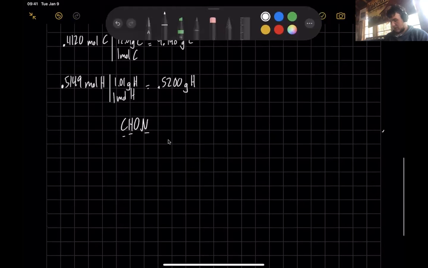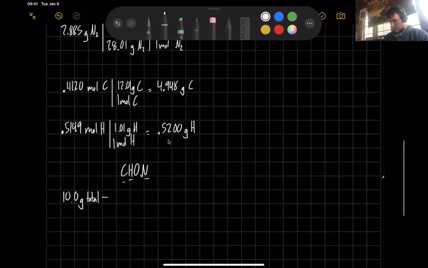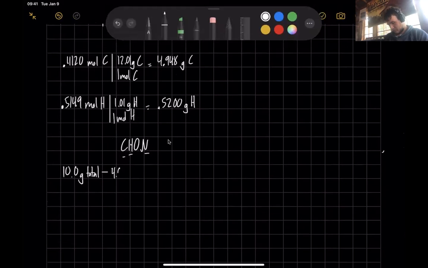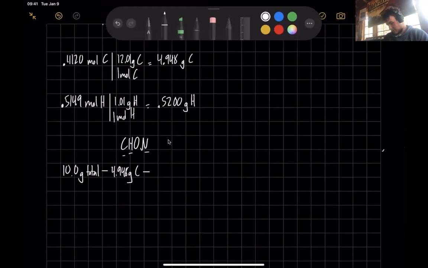So by subtracting from the total, we take 10.0 grams total, and we subtract 4.948 grams of carbon, we subtract 0.5200 grams of hydrogen, we subtract 2.885 grams of nitrogen.